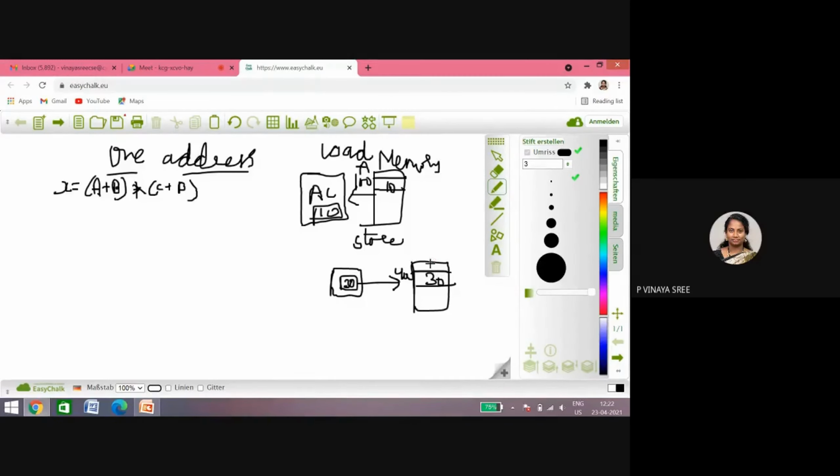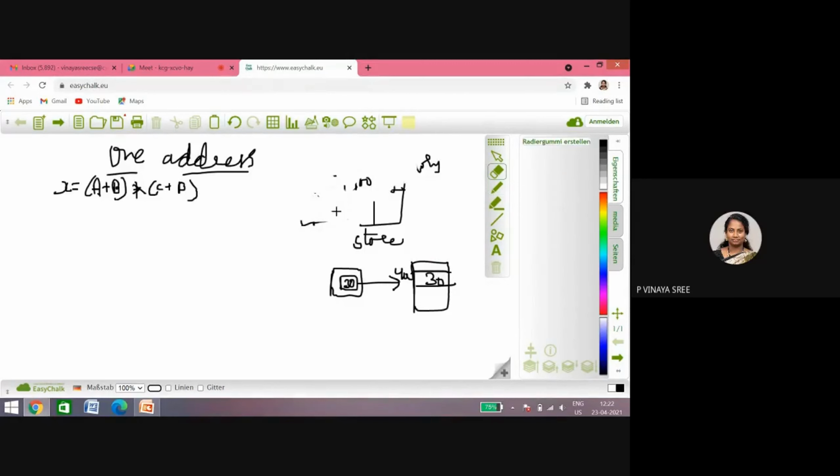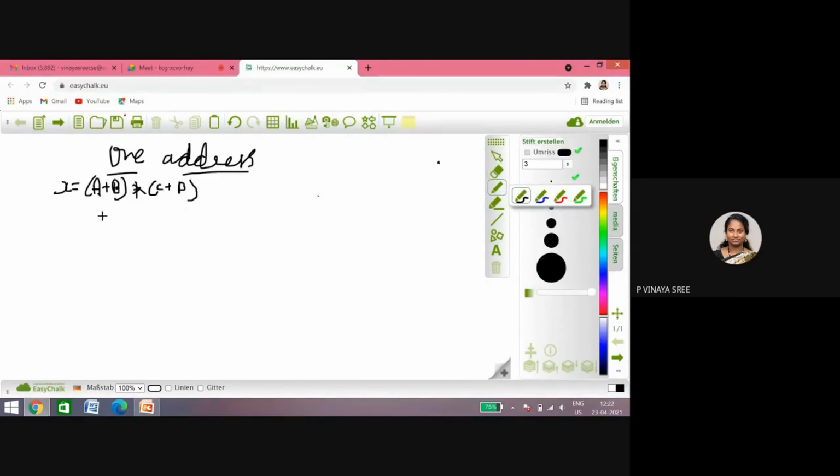Whenever you are loading, the previous content in the accumulator must be stored inside a memory. That is our main concept. If you're not storing the accumulator content in a memory location, the operations we performed will be lost.